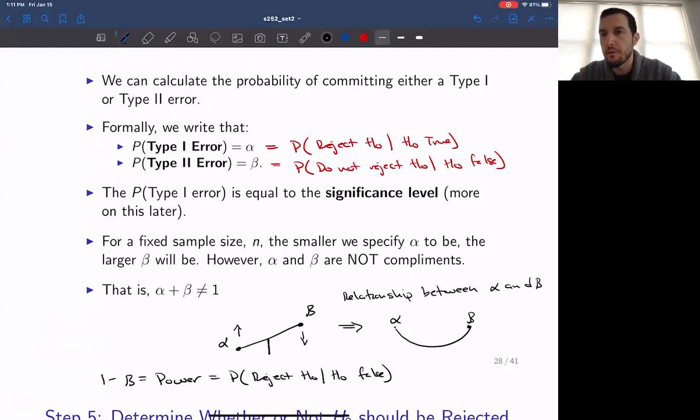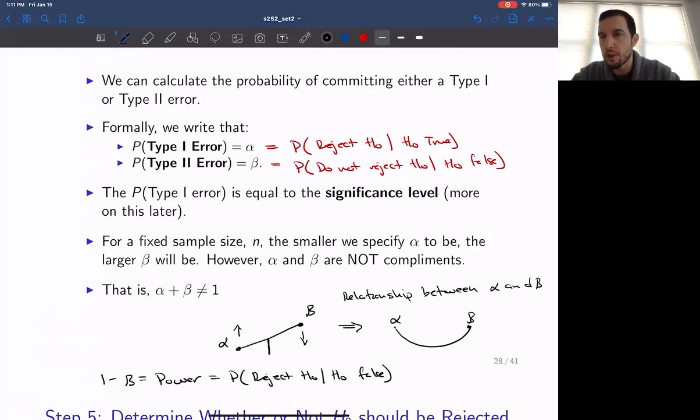Their relationship can be described as sort of an inverse relationship in the sense that as one goes up, the other goes down, but it's not a strictly linear relationship or a complementary relationship. Power, which is the probability of rejecting a false null hypothesis, is something that we would want to maximize.